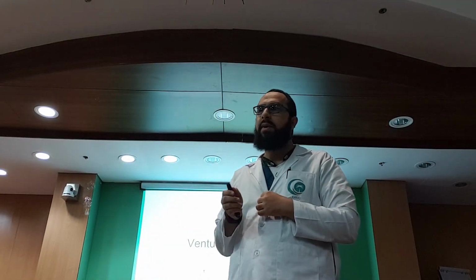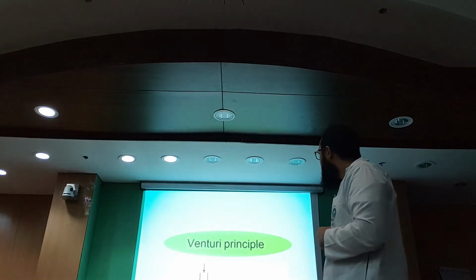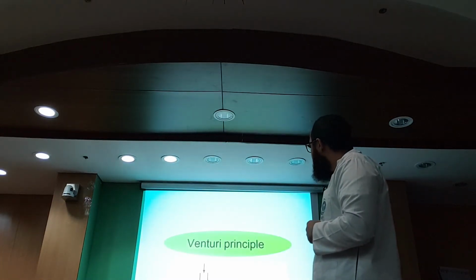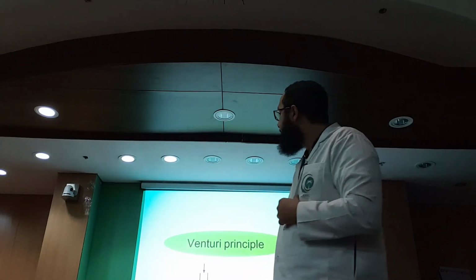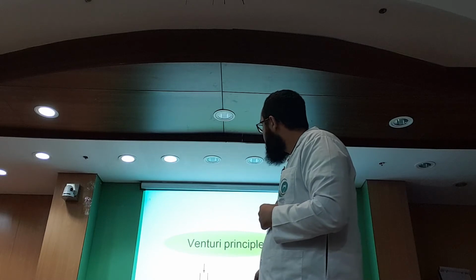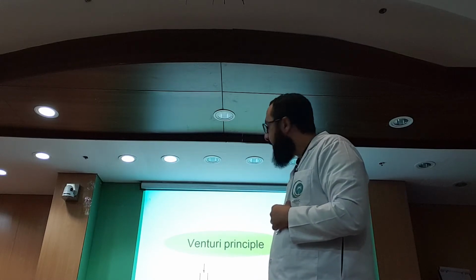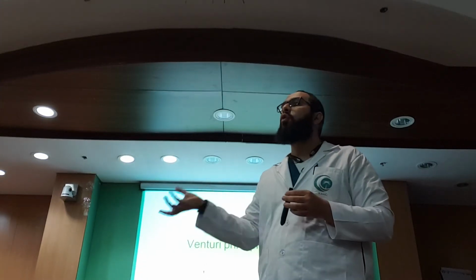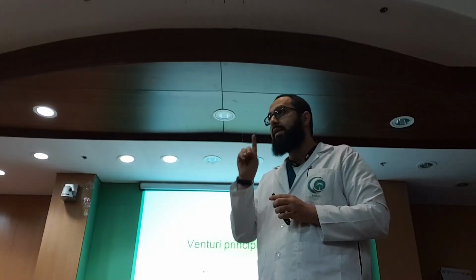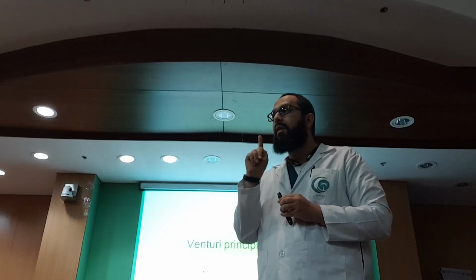What is the Venturi principle? First of all, I will run the oxygen through the Venturi mask, with the oxygen coming from this direction. There is another opening from the side. This will attract room air at a certain speed.